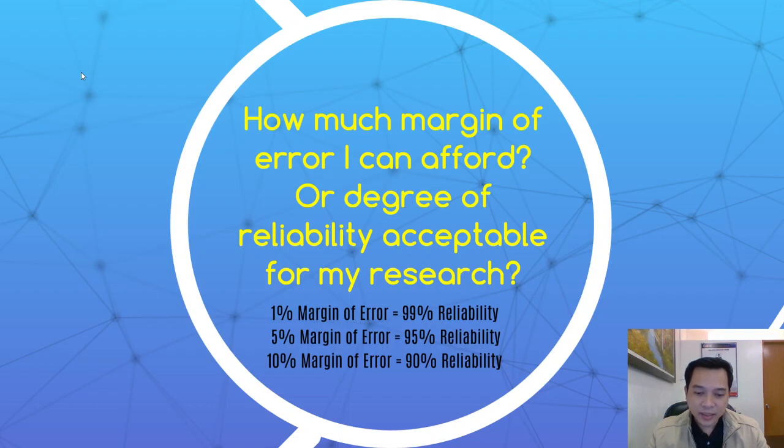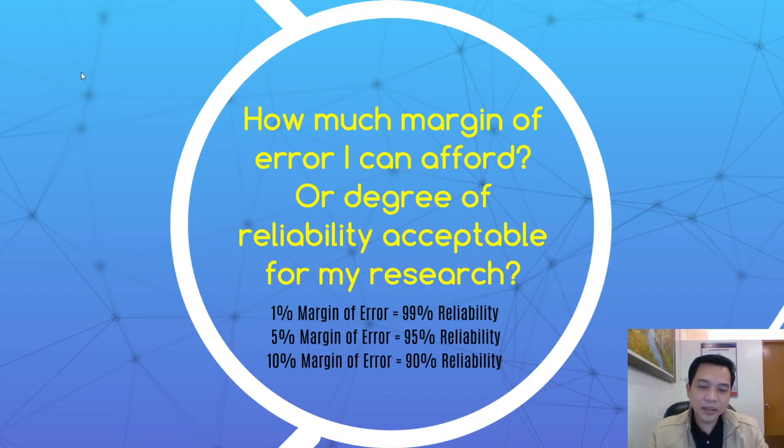Why am I discussing this? Because you need to decide how much margin of error is acceptable for your study. There's no such thing as absolute certainty. The margin of error gives you leg room, so that most likely or closely you end up within this bracket.